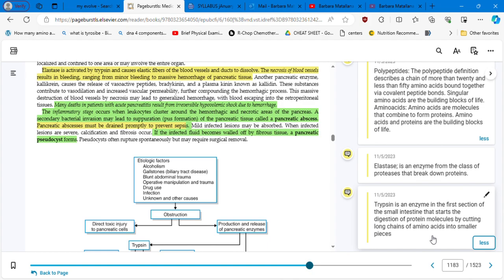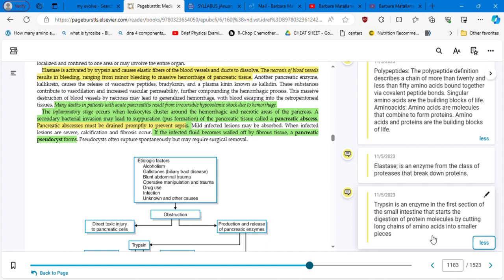They are going to cause thrombosis, hemorrhage, and pancreatic tissue damage, okay? So many deaths in patients with acute pancreatitis result from irreversible hypovolemic shock due to hemorrhage. Think about it. With all these multiple activities from different participants not working properly, there's going to be a hemorrhage. Therefore, we are going to have hypovolemic shock.